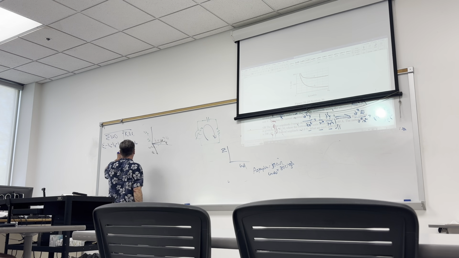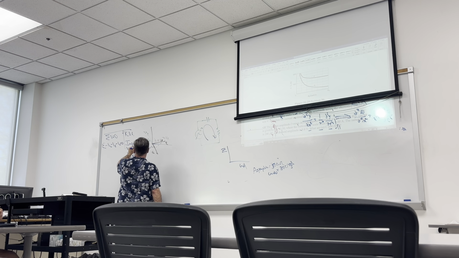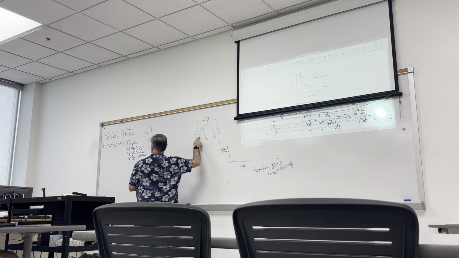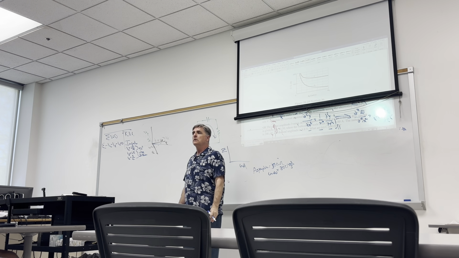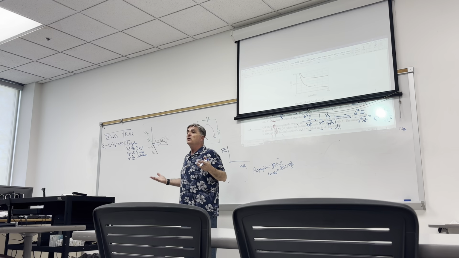How do I know that? Because VL is equal to L di dt, that's a definition. VR is equal to IR, and VC is equal to Q over C. We have a 90-degree phase difference between sinusoidally generated waves. You can pick any starting point you want.